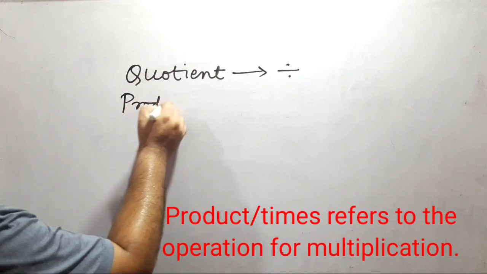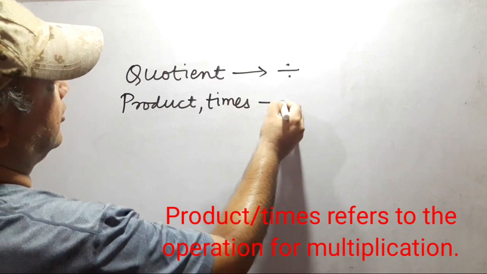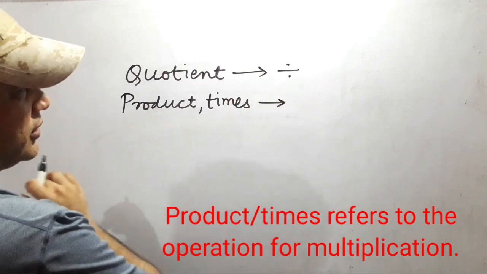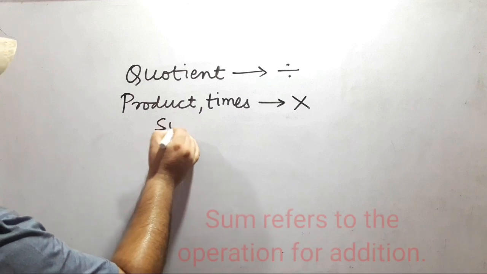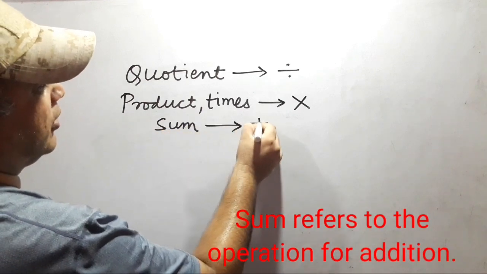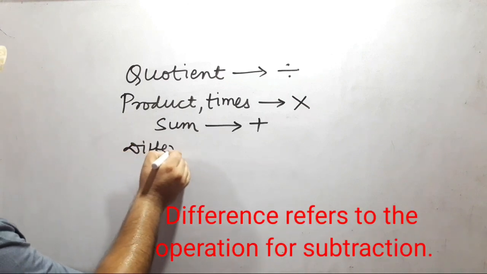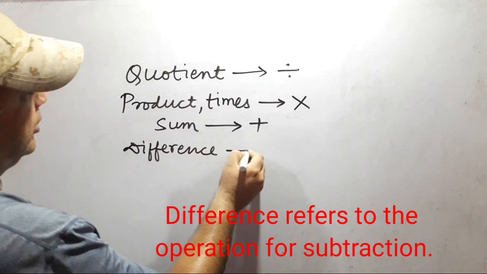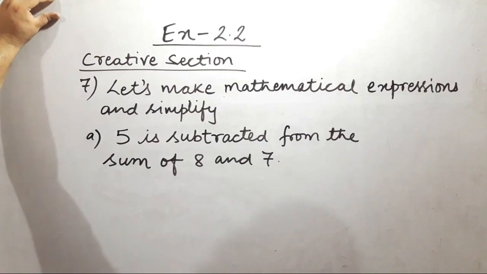Product or times. Whenever you see these words, then you have to put the multiplication sign. Sum. So it represents the plus sign. Difference. It represents the minus sign.